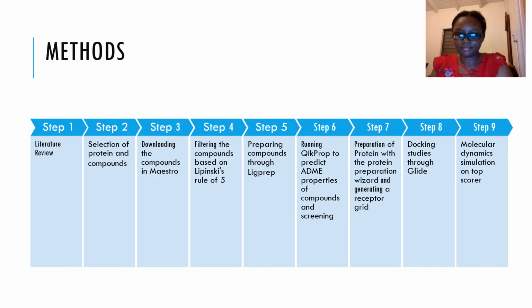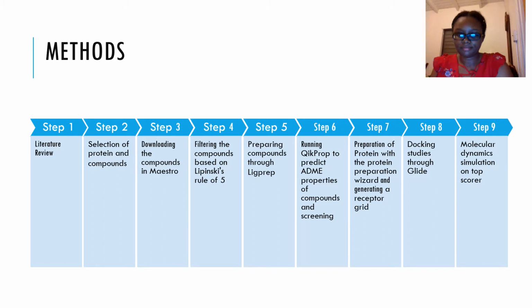Step 6 was to run QikProp to predict ADME properties of the compounds. And the ADME properties are the absorption, distribution, metabolism, and excretion of the drug molecule. And it describes the drug's passage through the body.